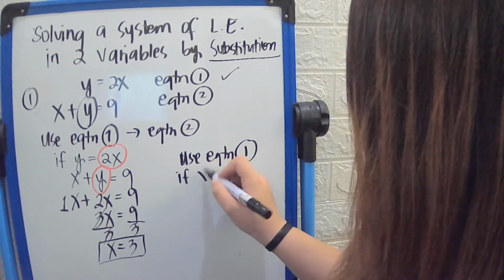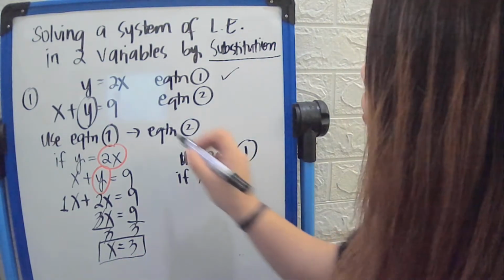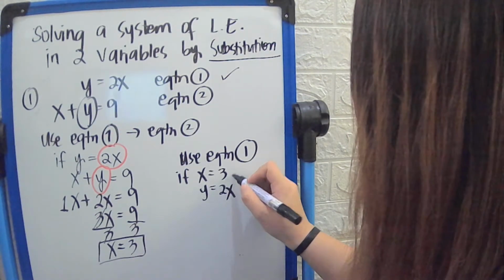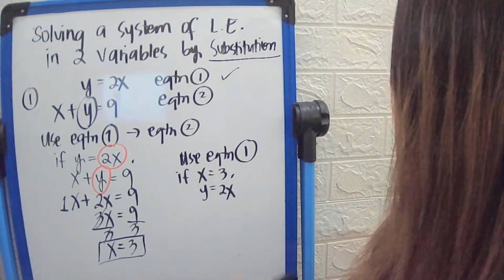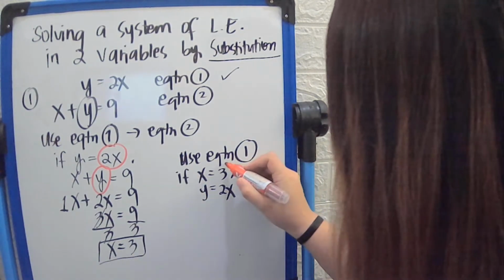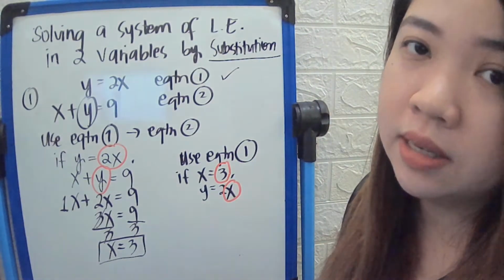So, if your x is 3, doon natin nakuha yun na, itong part na to. Ang equation 1 mo ay y equals 2x. Y is equal to 2x. Okay. So, papalitan ko ngayon ng 3 etong x na to. Kasi yun daw yung value ng x.